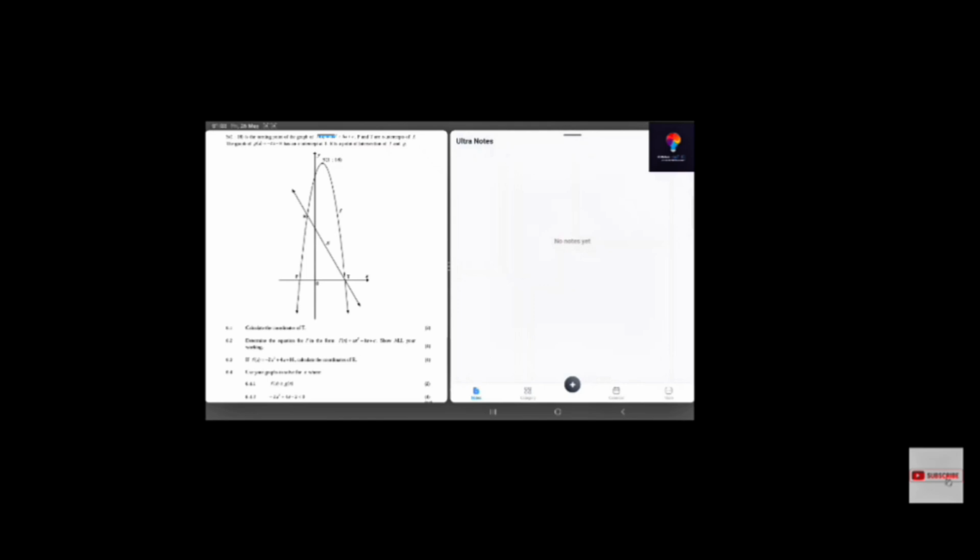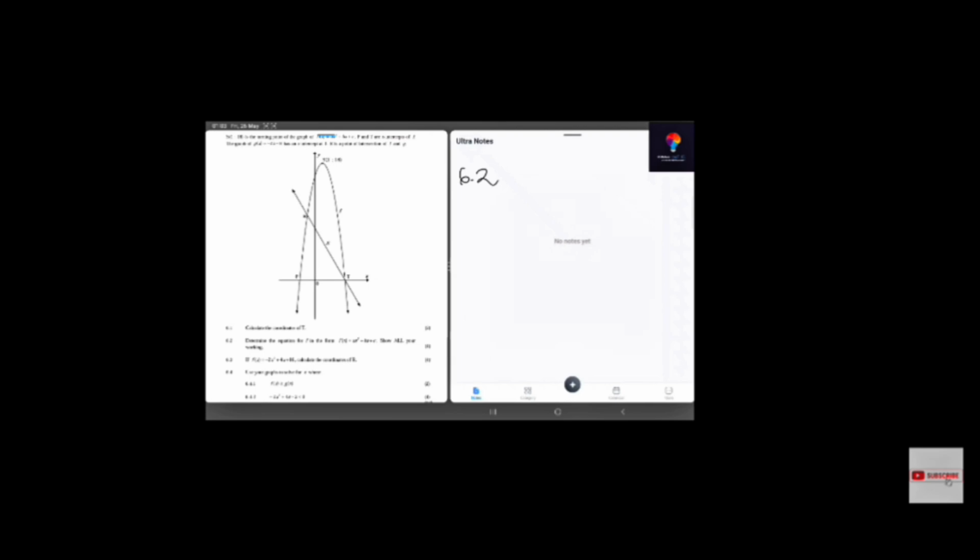Question 6.2 is saying we must determine the equation of f in the form of f of x is equals to ax squared plus bx plus c, and you must show all your working.